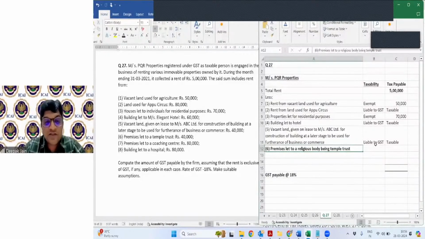If not given for use of business, still it will be taxable because any kind of construction of building you do, it will become taxable. It is not that you're selling a land, which would make it immovable property. It is leasing of land, so it will become taxable.